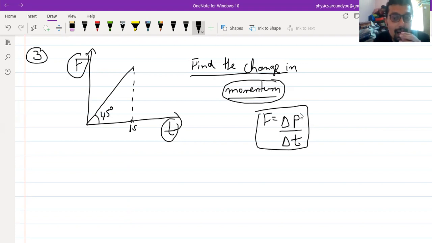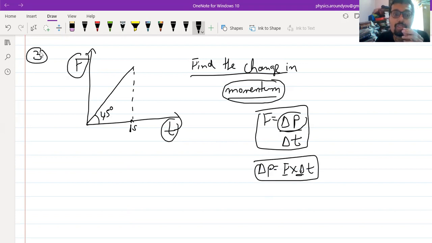So how can I find change in momentum alone? Change in momentum is equal to force into time. Force is on what axis? Y-axis. Time is on what axis? X. What are you actually finding here?